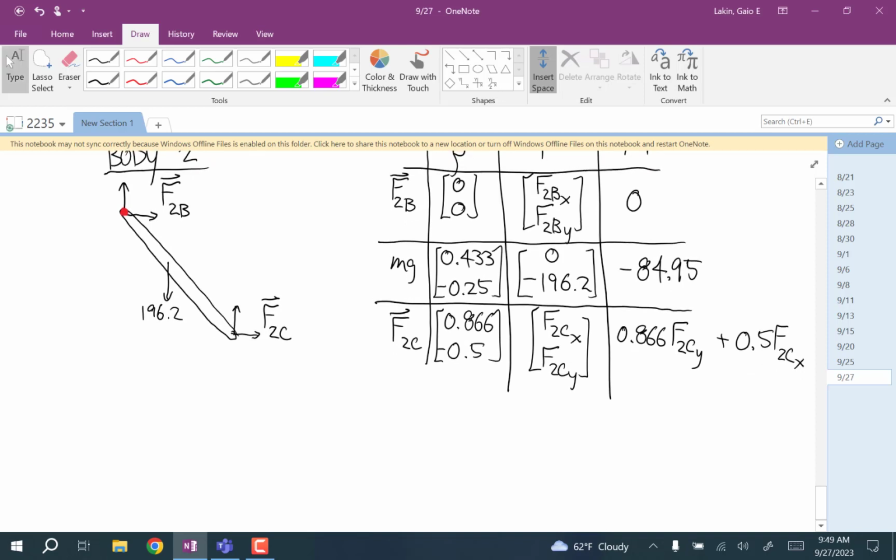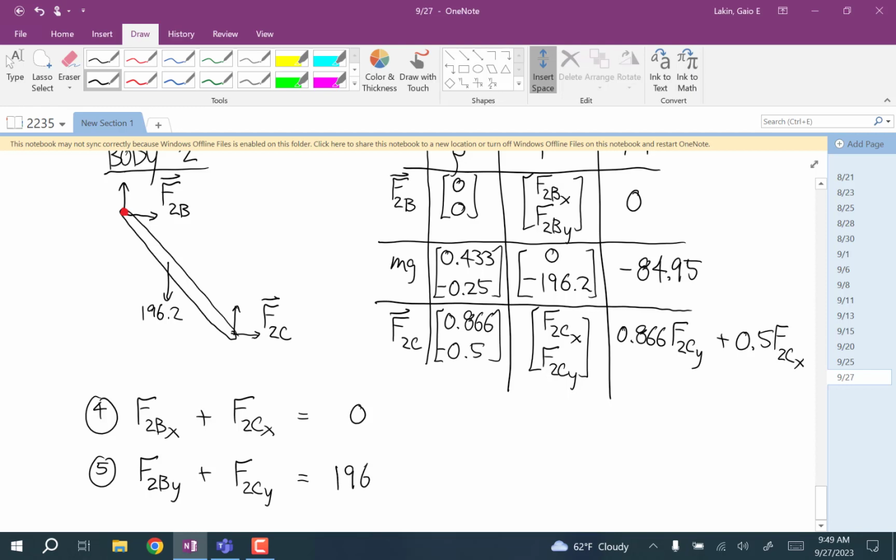And our equations, so our fourth equation says F2BX plus F2CX is equal to 0. Our fifth equation says F2BY plus F2CY is equal to positive 196.2.